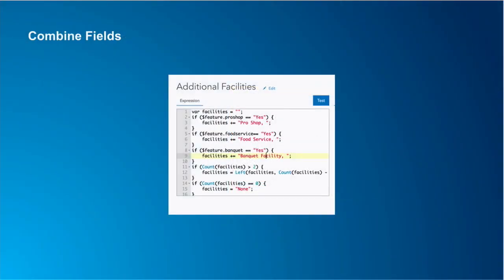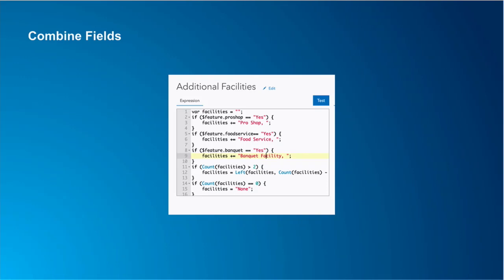You can also combine fields. This is the last one I'll show on the ArcGIS Online stuff. But in this example, we have an attribute table that has multiple fields for facilities. Some of them are populated, some of them are not. So it looks like it's recreation data. So it has a field that stores whether or not it has food service, one that stores whether or not there's a pro shop. So I could have all that different information listed in my pop-up.